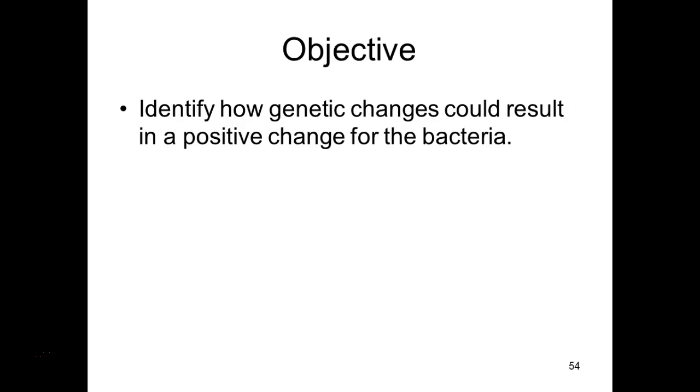Right? Or anything that makes them better suited for the environment, right? Could be a positive change for them. And so because positive changes happen, these changes happen. Mutation happens.